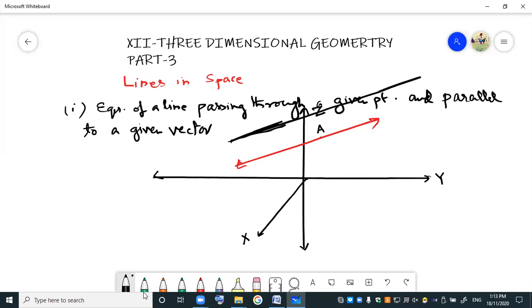This vector is given as vector B, and this point has coordinates, suppose, x1, y1, and z1.